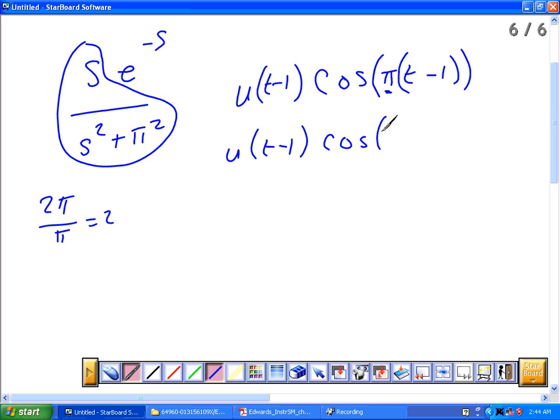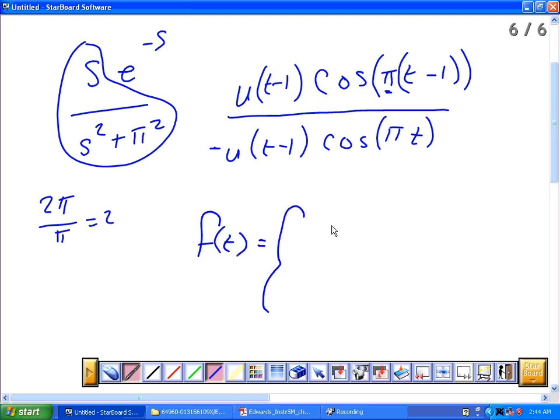And so when I looked at this in the book the other day, I was like, what is this about? So what they did is they rewrote it like that, which is obnoxious, but it's the same as this. And I'd be perfectly happy with either one, to be quite honest with you. And so we would say f of t is equal to 0 when t is less than 1.